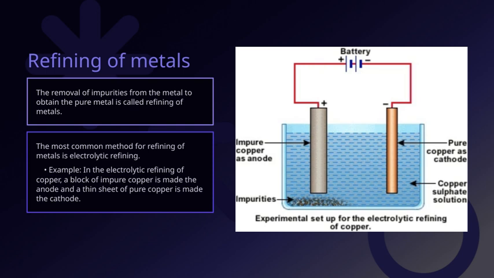The main goal here is to remove impurities, which are unwanted substances, to obtain pure, high-quality metal. This process of removing impurities to get the pure metal is what we call refining of metals. So, overall, refining is essential for ensuring the metal's purity, which is crucial for its proper use in various applications.